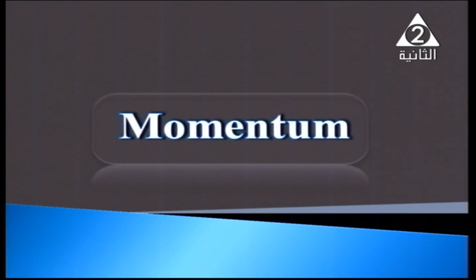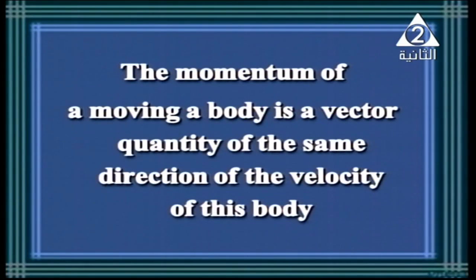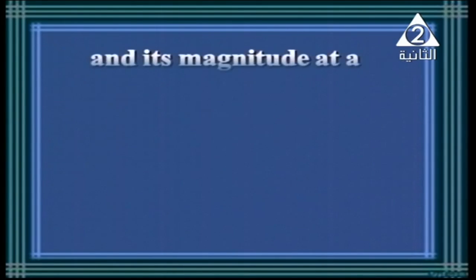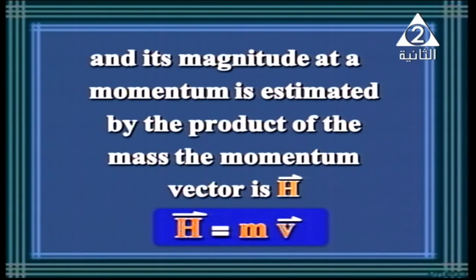Momentum of a moving body is a vector quantity in the same direction as the velocity of this body, and its magnitude is estimated by the product of the mass and the velocity. The momentum vector's symbol is H vector, equal to m v vector.